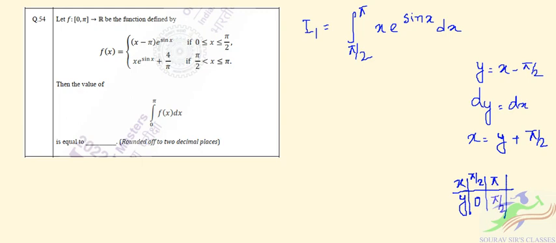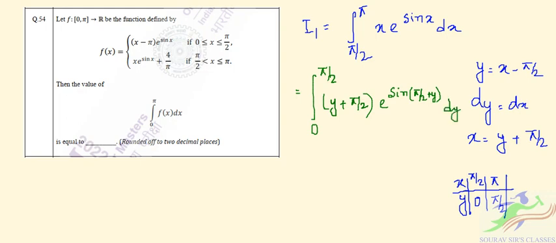So from 0 to pi by 2, we can write in the same manner that I1 is equal to, we can write this integral as 0 to pi by 2 of y plus pi by 2 times e to the power sine of pi by 2 plus y dy. Okay.